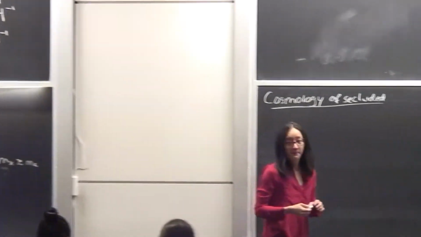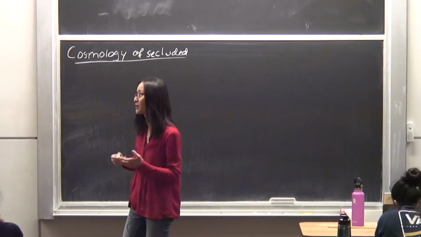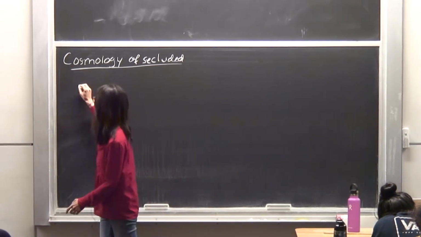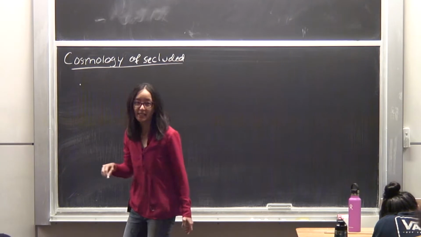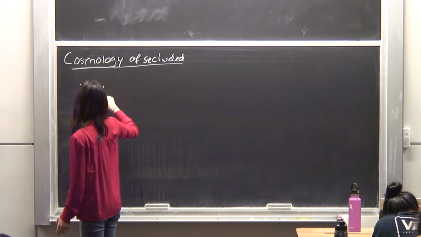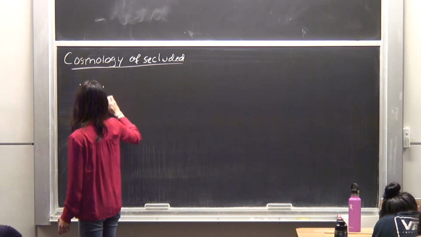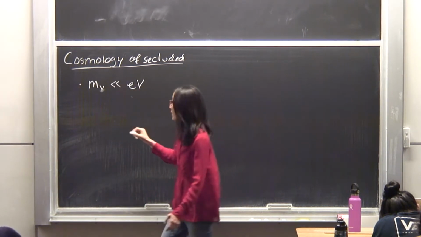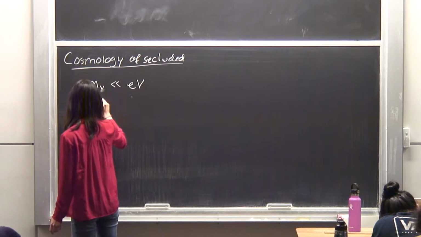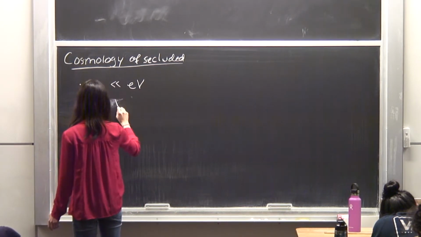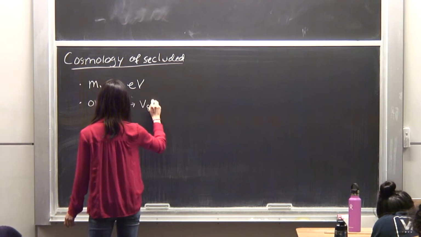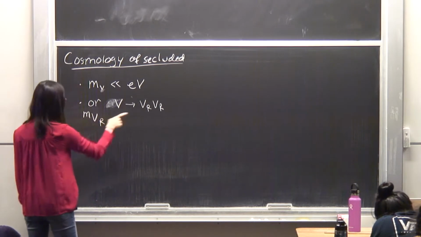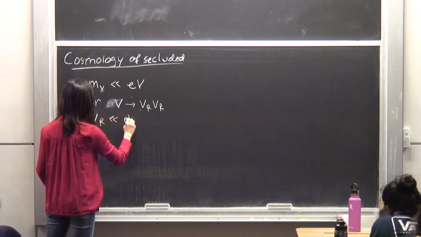Also, if they have masses, don't they at least have to couple to the Higgs? It could be a dark Higgs or something else setting the mass. So we are going to want either the mass of this new mediator, which I'll just call MV, to be very small, much less than an eV, or this mediator could decay to some very light thing, some dark radiation, where this thing has a mass much less than an eV.